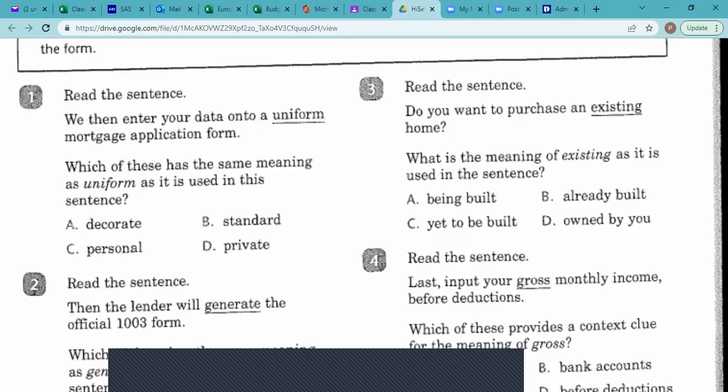Which of these has the same meaning as "uniform" as it is used in the sentence? All right, so what you can do again is place each of these words in that sentence to see if it sounds good, if it makes sense. All right, so go ahead and pause your screen and look for an answer.